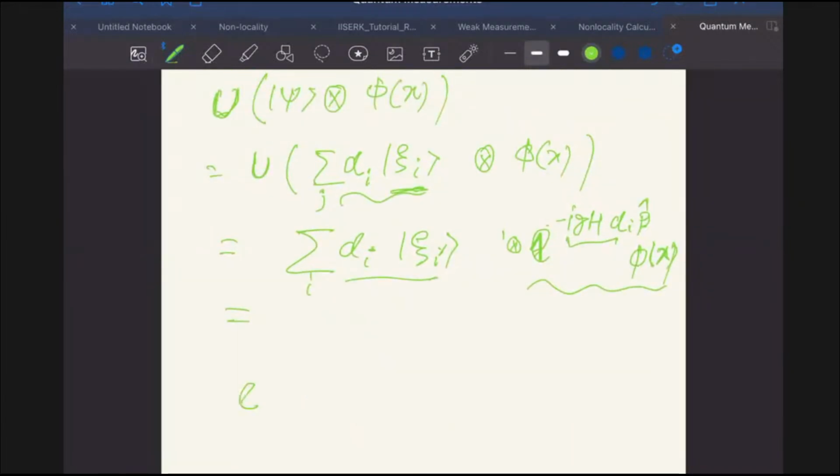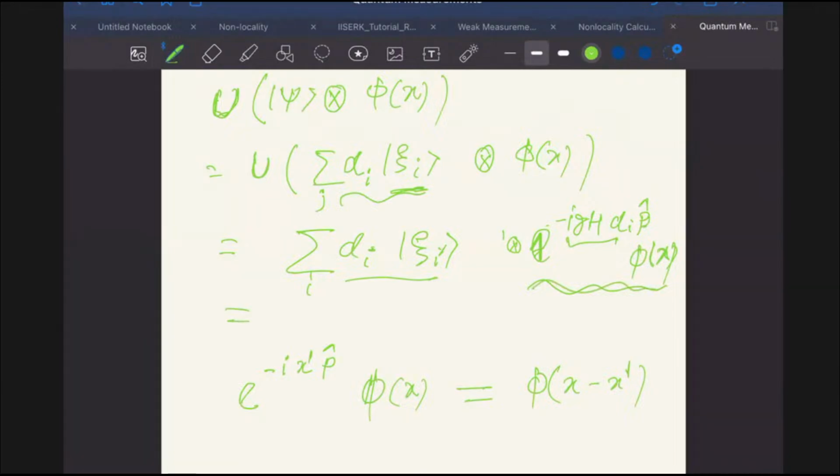So for example, let's say something, some I x dash and p. If I act it over, let's say, phi x, what will be the state if momentum is the generator? It will be simply phi of x minus x dash, right? So this term, I can replace it by that.